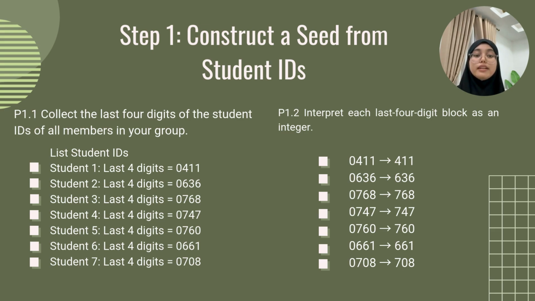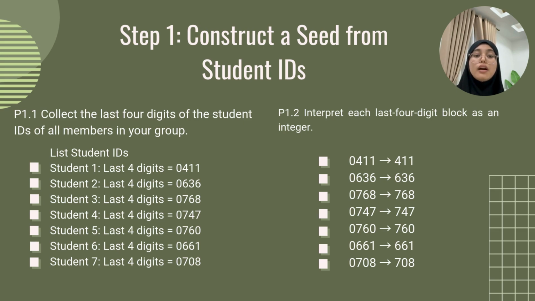First, we collect the last 4 digits from each group member's student ID. The last 4 digits are: student 1 is 0411, student 2 is 0636, student 3 is 0768, student 4 is 0747, student 5 is 0760, student 6 is 0661, student 7 is 0708.